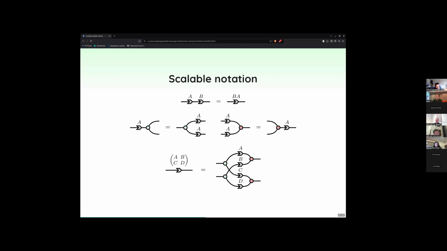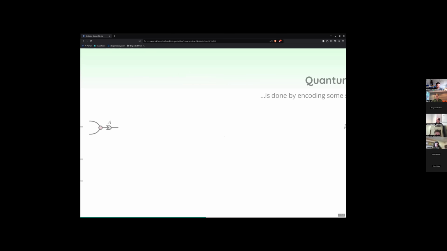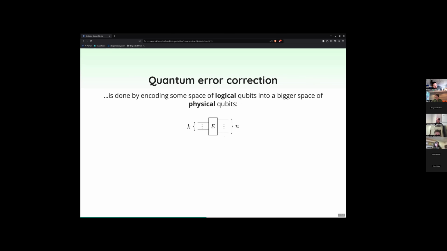Here's the first row, the 2 things coming into the first red dot, and here's the second row, the 2 things coming into the second red dot. In fact, you can even take this last equation to be the definition of the scalable notation, because you can apply it recursively until I get all the way down to the bottom. So that was just really fixing some notation.